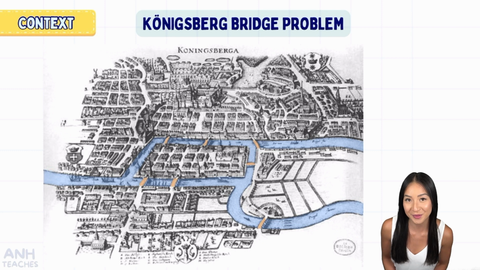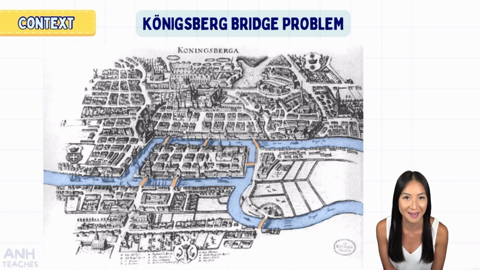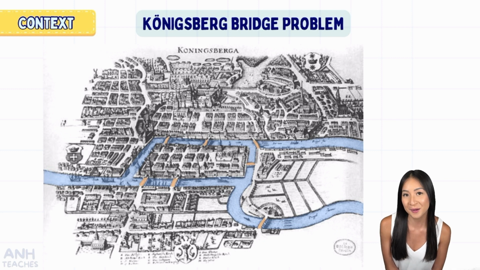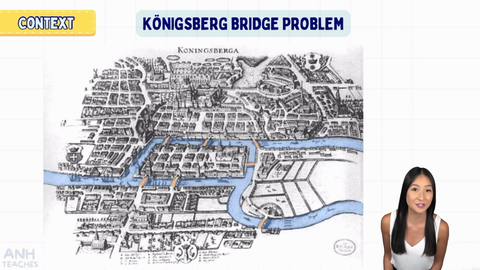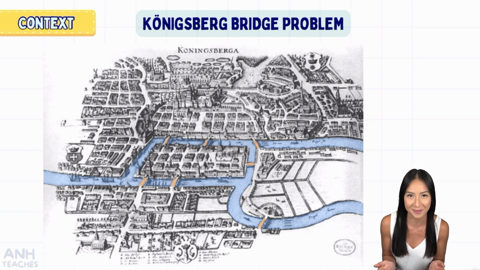Now, I'm not going to spoil the solution for you just yet because we are going to revisit this problem later on in the video. What I will talk about is how Leonhard Euler approached solving this problem. He basically reduced it right down to its core of 4 land masses and 7 bridges. And he realized that you could display this information geometrically.